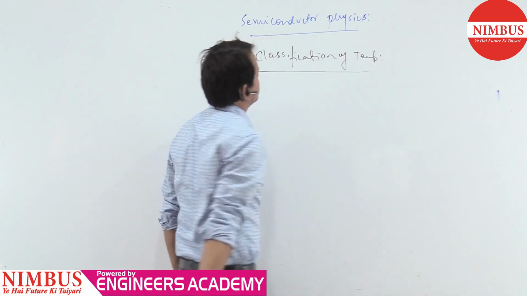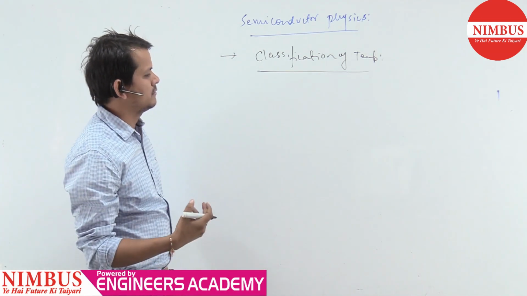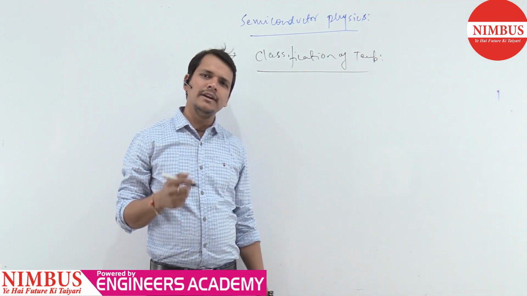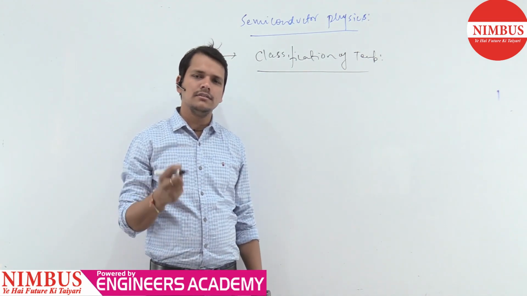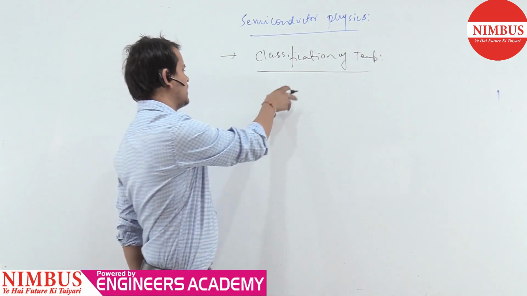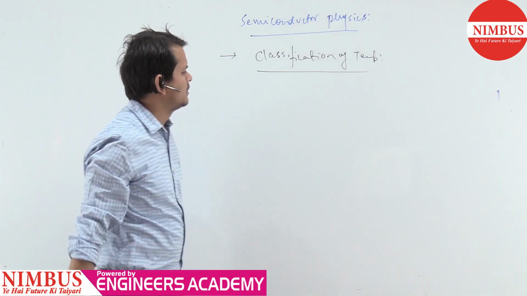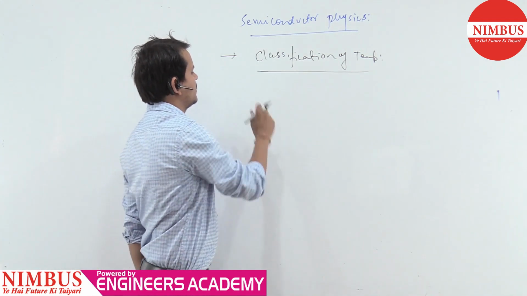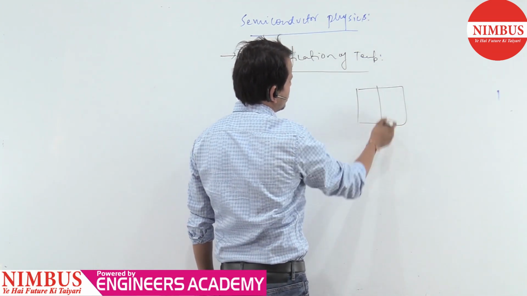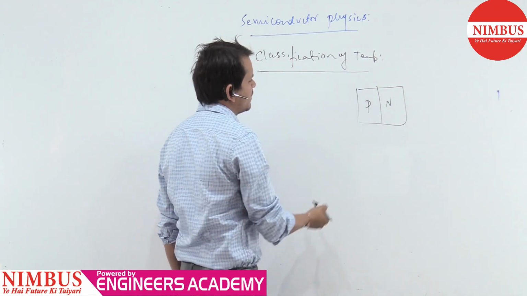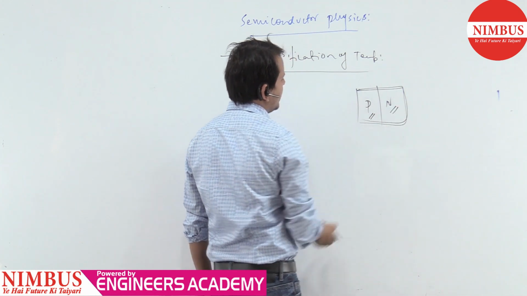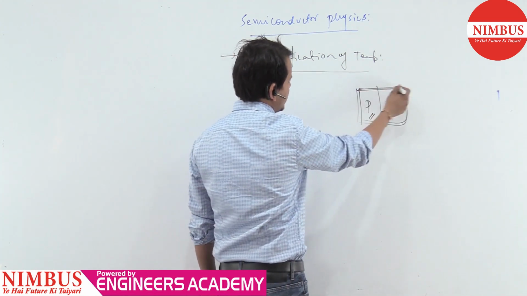To understand the mechanism of what is actually going on inside the diode, we will understand the diode much better when we know how the diode is designed. As you know from college, we have a p-type semiconductor and an n-type semiconductor, and then we form the diode.